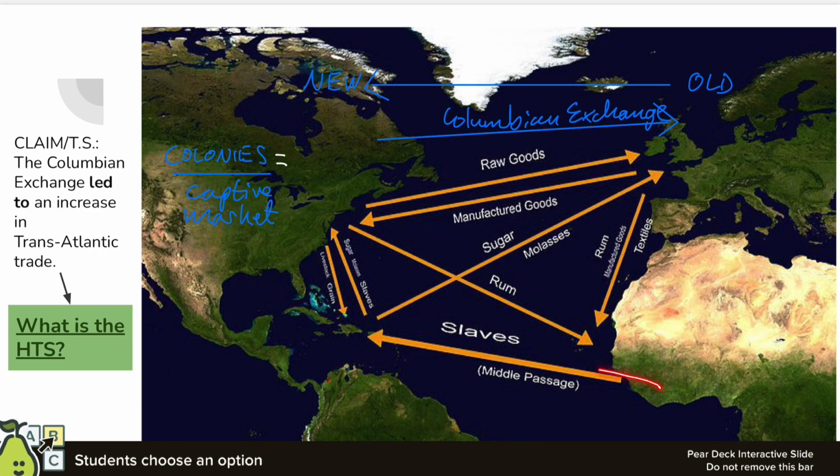So we start in Africa and go where for the second leg? The Americas. To the Americas, exactly right, the New World. So this is the second leg, also known as the Middle Passage. Now, what do we call this form of transatlantic slavery that was started by the Portuguese?